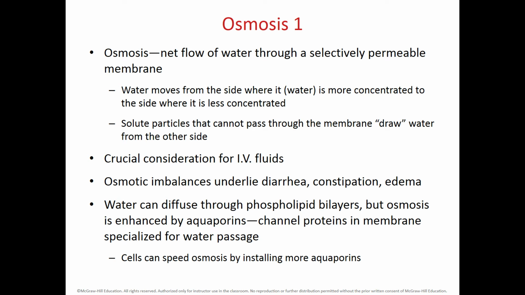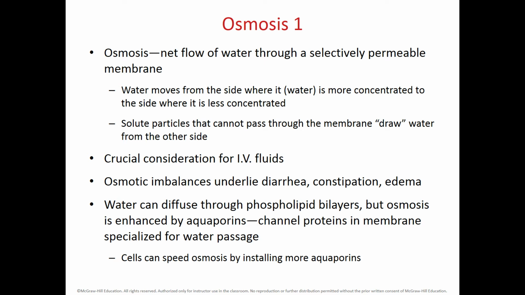So these solutes, like glucose, can accumulate within the internal opening of the intestines, which is called the lumen, and then the water, in an attempt to decrease the concentration of glucose, will follow this glucose, and then you will have diarrhea. Also, this is the basis for the opposite, constipation, and edema.